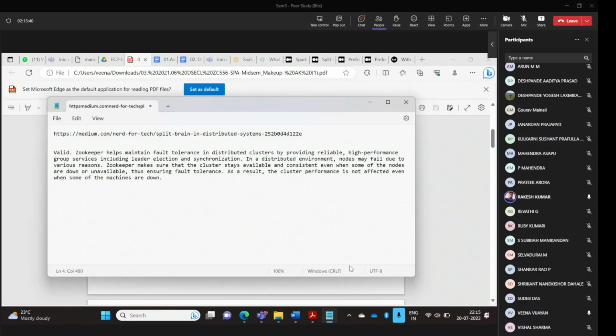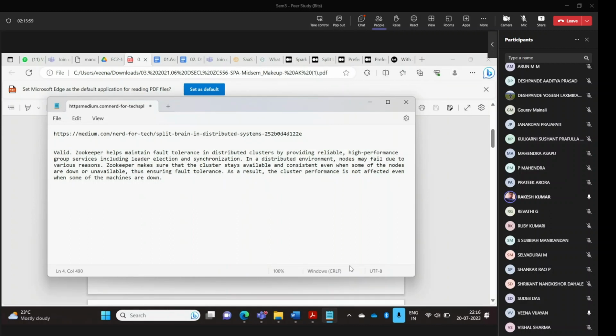So to make your data available, you maintain your distributed environment, but consider the situation when your cluster itself went down. Then who helps you? To protect your cluster, here there is no concern of data, but how we can protect our distributed environment. For that we have this zookeeper.